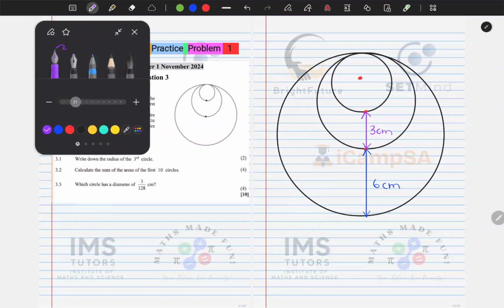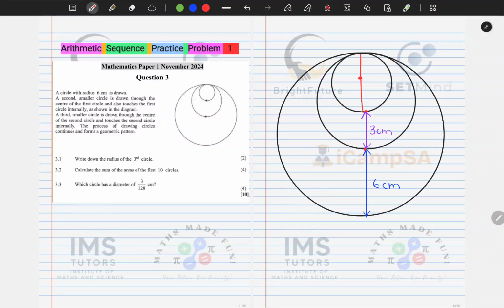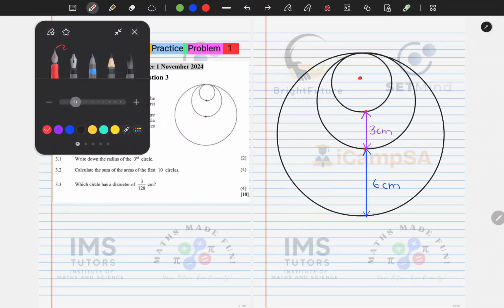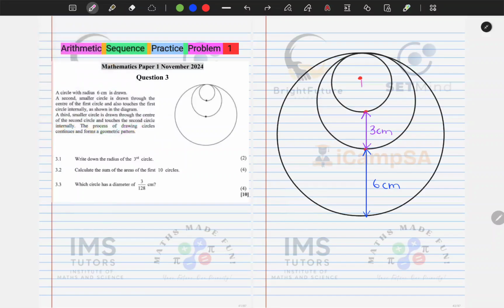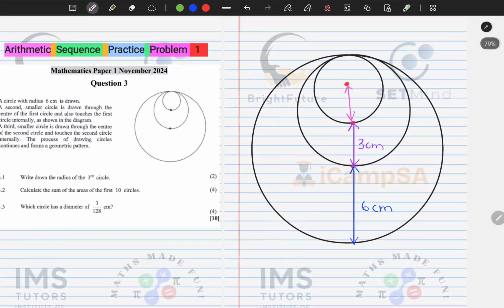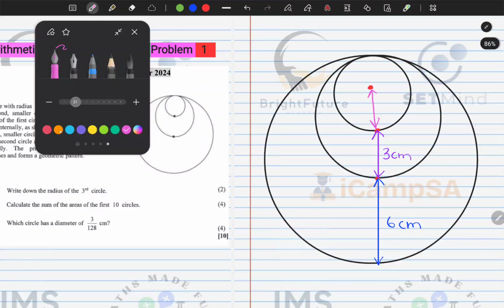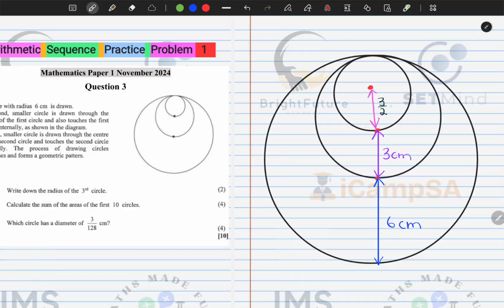But if you observe carefully the third circle, this was also supposed to be 3 to make the 6, but we are only going halfway as we did with the other one. So even this one is halfway. So this means its radius is half the other one, which is just going to be 3 over 2 centimeters.